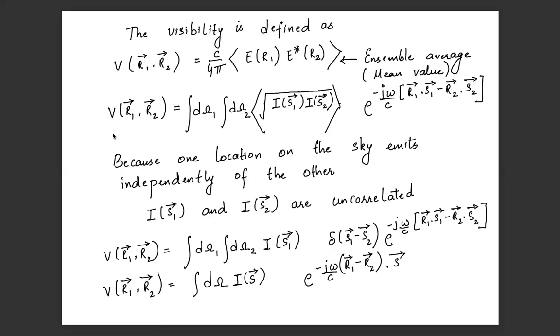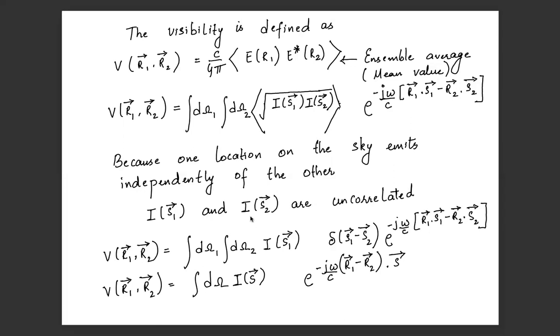So their electric field fluctuations are not correlated, which means that this double integral is greatly simplified, simply because this expected value goes to 0 when S1 is not equal to S2. Only when S1 is equal to S2 will there be a correlated component in this expected value.